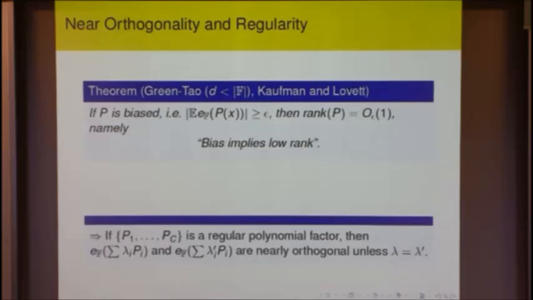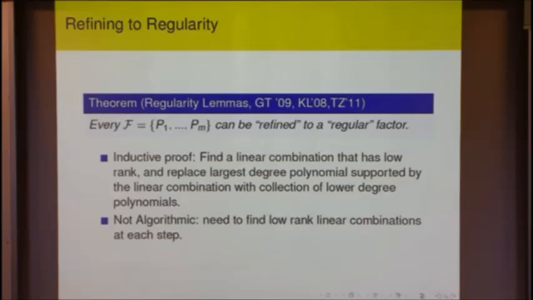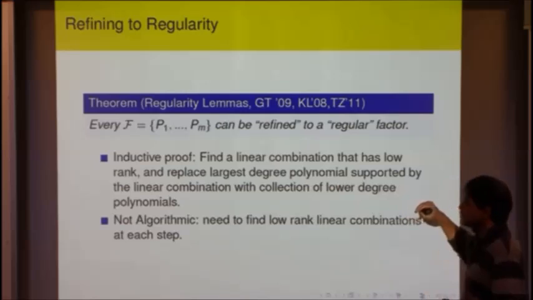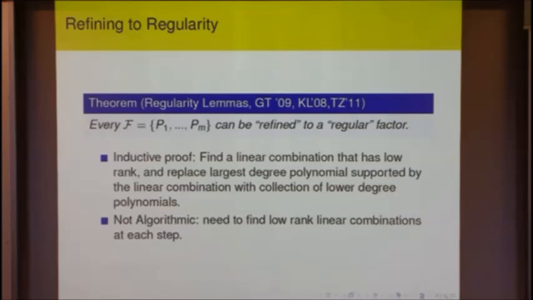Okay. So we have this notion of rank, which leads to near orthogonality, and then there's the other important ingredient: if you have any polynomial factor P1 through Pm, then you can refine it to a regular factor.